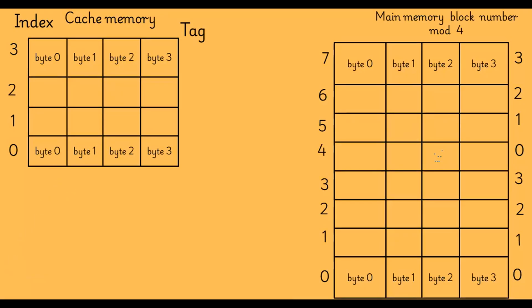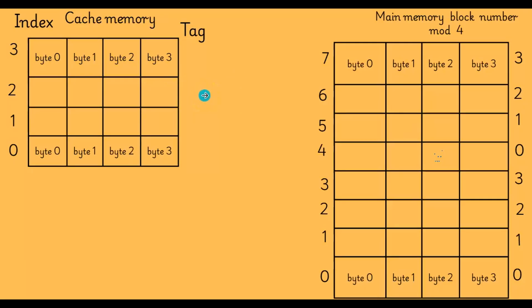Now we will see how mapping is done between main memory and cache memory in the direct mapped cache memory concept. That means the address used to access the data in the main memory is the same address that is going to be used to access the data in cache memory.